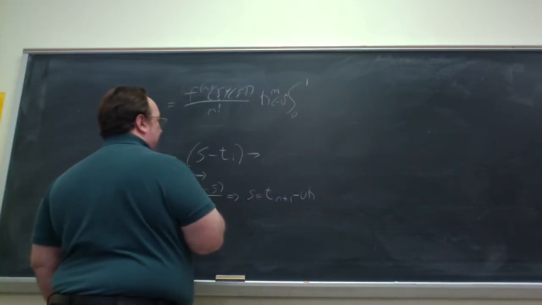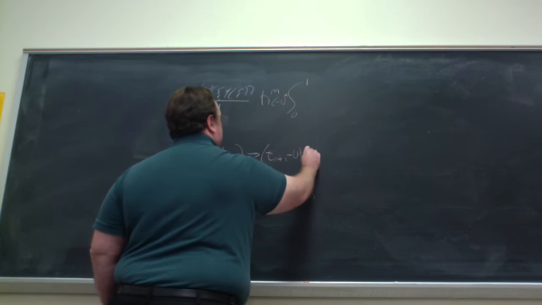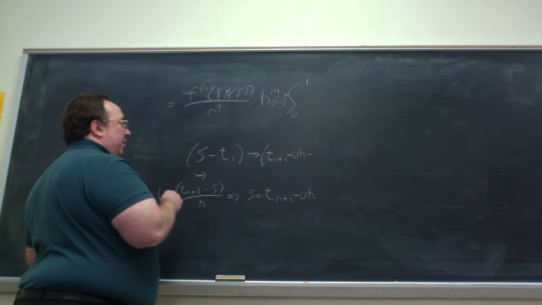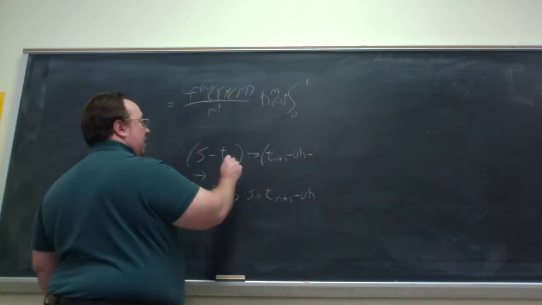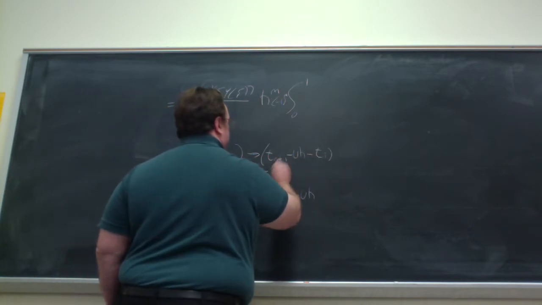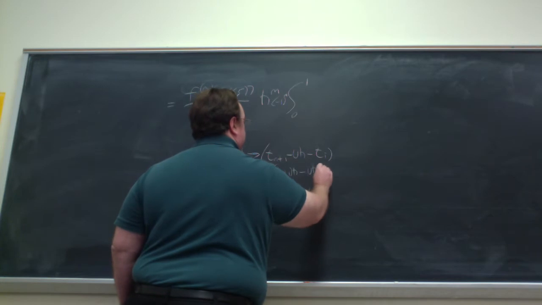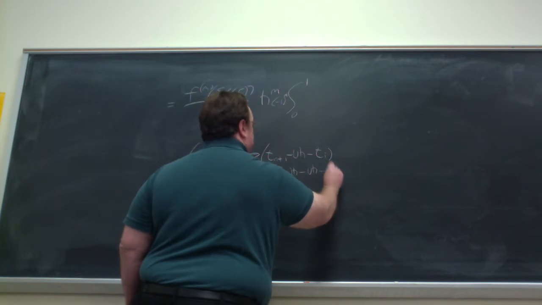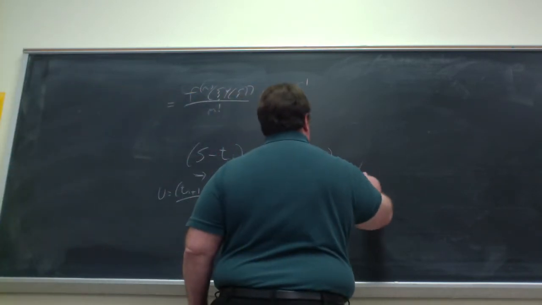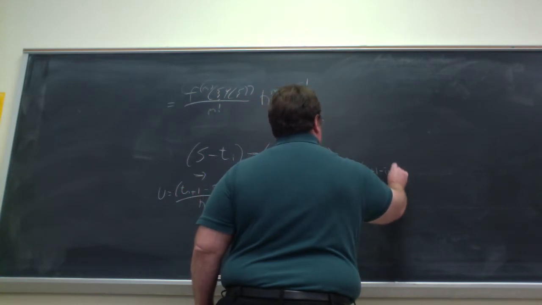So that becomes t equals t_{n+1} minus u h, and then t_i is equal to i h. So what that becomes is (n plus 1) times h minus u times h minus i times h. Well, h is in that whole thing, so it's h times (n plus 1 minus i minus u).